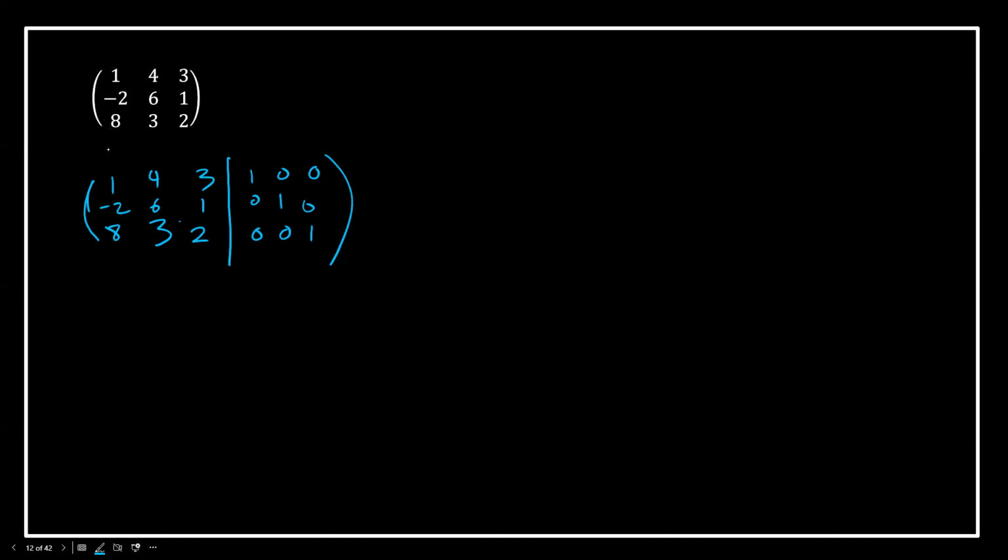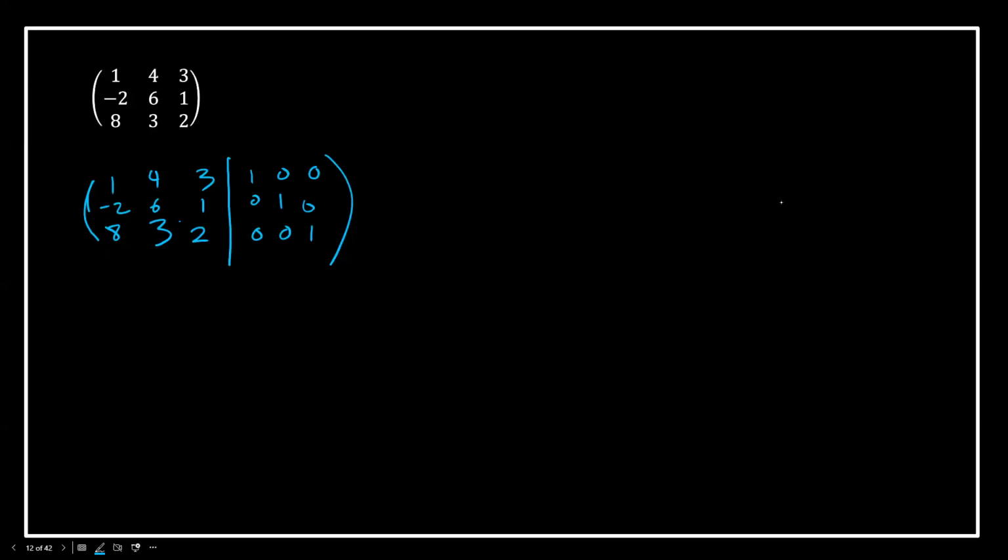So we're going to do some math here to eliminate this 8, and we'll do the same thing on this side. This big bar is just a good way for me to track what's happening. Notice that the second row can get rid of this 8 really easily with this -2. So we're going to multiply this second row by 4 and add it to the third row.